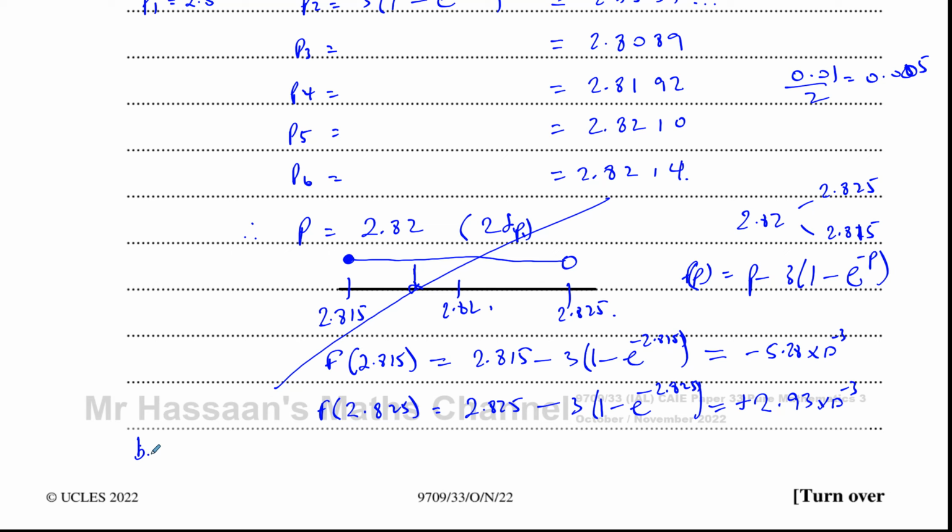The same kind of statement we wrote above: between f of 2.815 and f of 2.825, there is a change in sign, and f(p) is continuous.